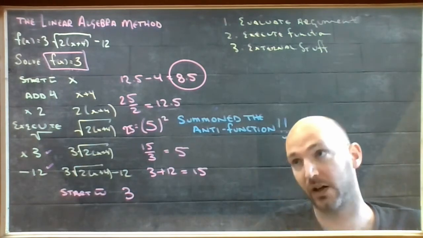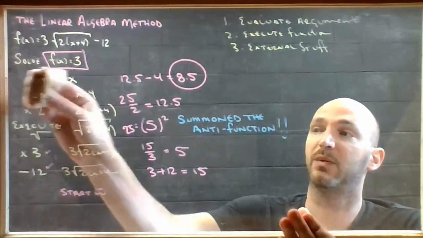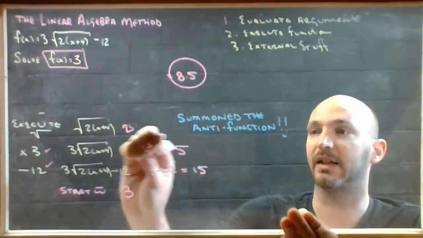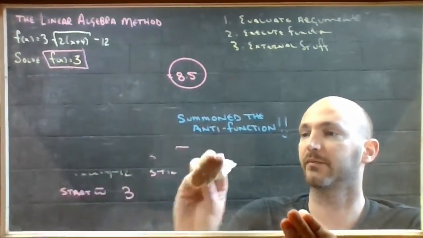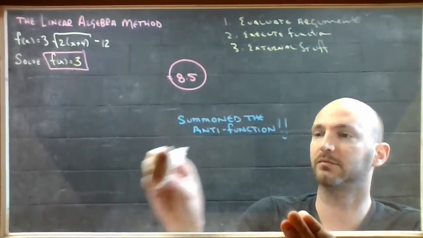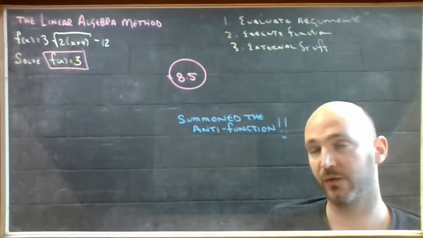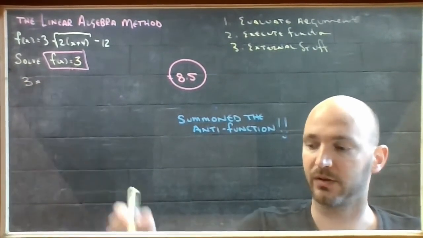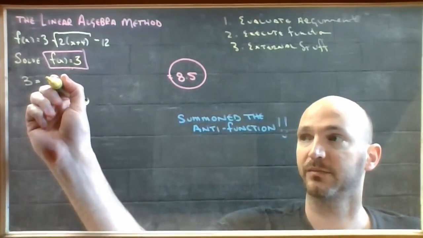So if I clean this off for you, and then we will try this in the more traditional fashion, leaving 8.5 up there. What you've probably seen before is you take the function and you set it equal to that number.